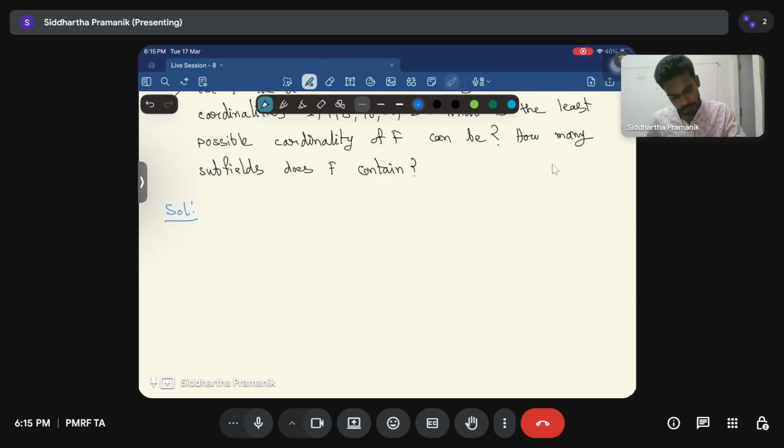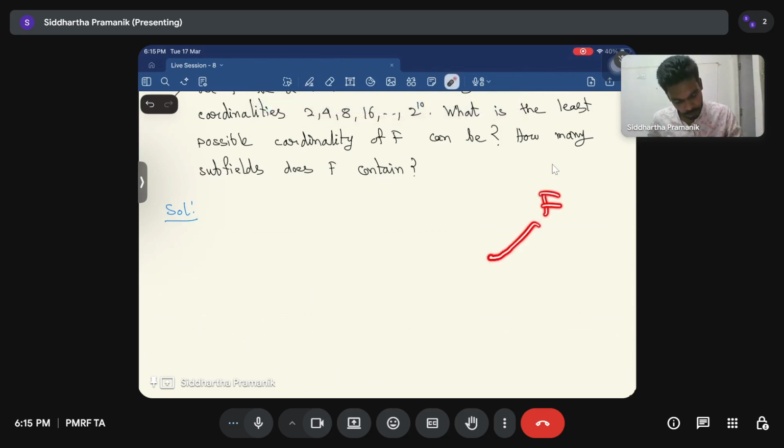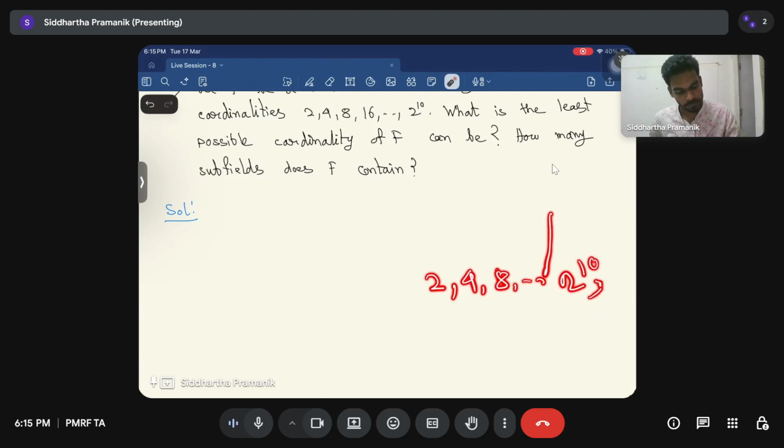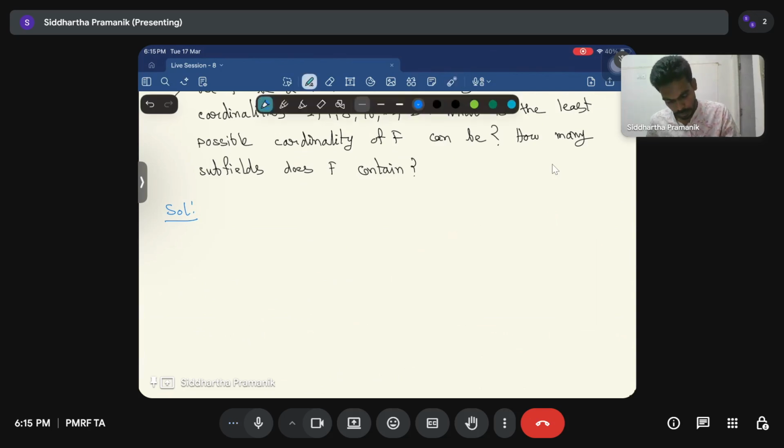So F is a field which contains a subfield of order 2, of order 4, 8, and so on up to 2 power 10. So all these fields are power of 2. Since these subfields have cardinality some 2 power i, the characteristic of F must be 2, right?